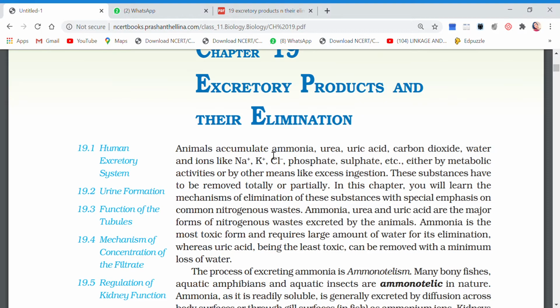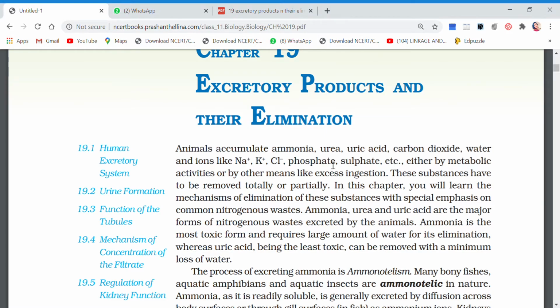Animals accumulate ammonia, urea, uric acid, carbon dioxide, water, and ions like sodium, potassium, chlorine, phosphate, sulfate, etc. So these are all the things that get collected or accumulated inside the animal's body.